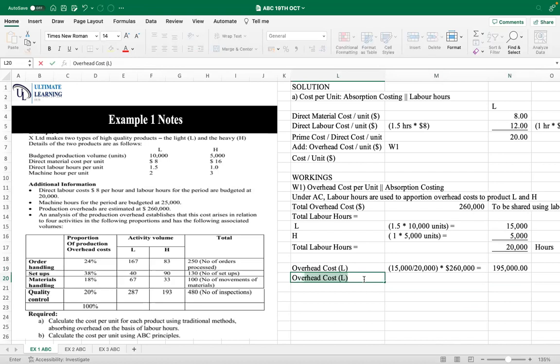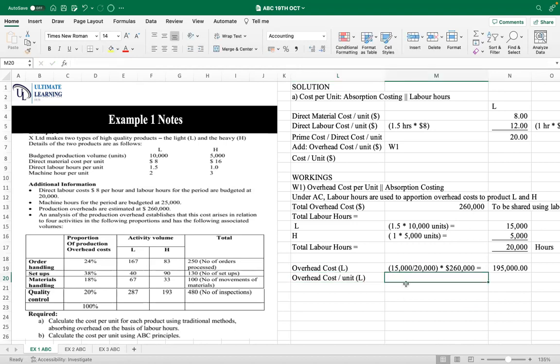Again, overhead cost per unit of L: now, per unit, you will take 195,000, which we have got, and divide by the number of units, 10,000.